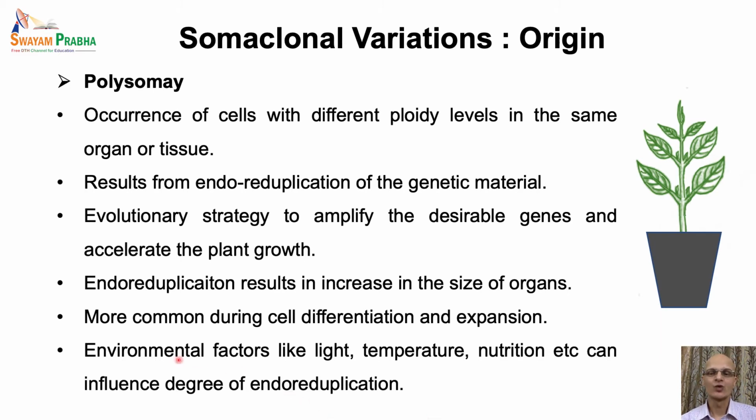But certainly various environmental factors like light, temperature, nutritional regimes, or the application of various growth hormones directly influence the degree of endoreduplication. So the overall polyploidization of the somatic tissues may contribute significantly to somatic or somaclonal variations if the explants are prepared from these tissues having polyploidy or polysomaty.